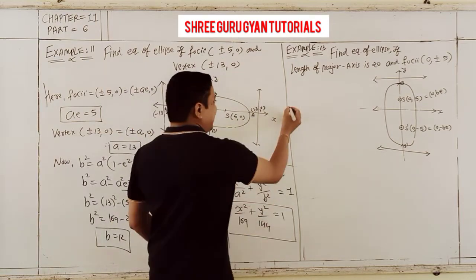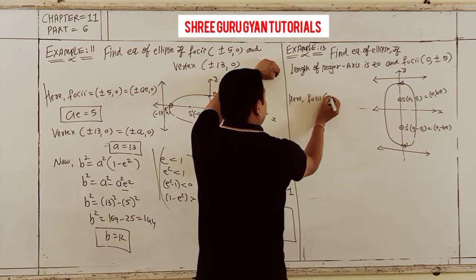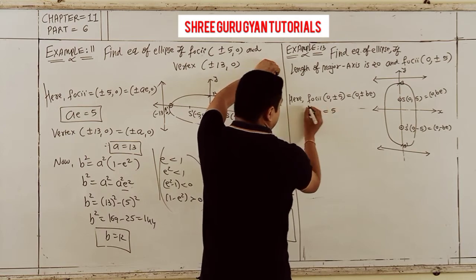First of all, I write down the foci: (0, plus or minus b), so b is equal to 5.